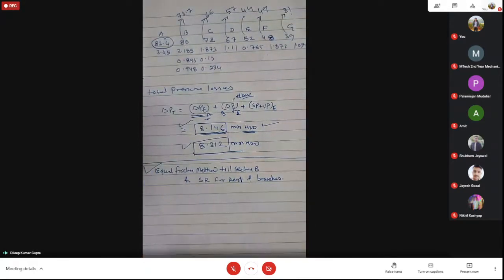The equal friction method till section B, and the rest of the branches will be done from there. Now, can you solve this problem? Yes or no? Now, for your understanding, I'll tell you how the data is going to change.